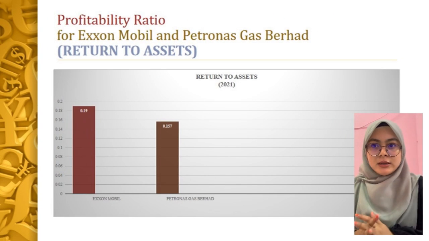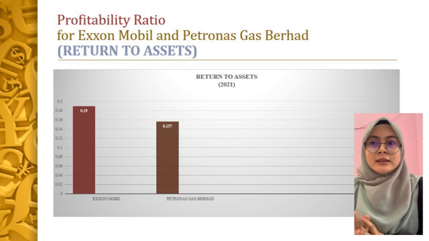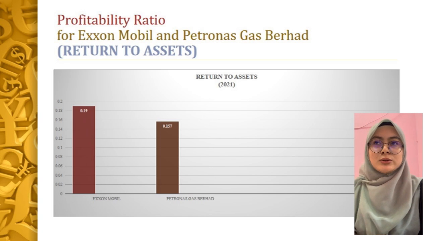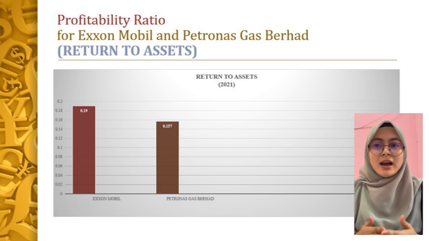Next is return on assets. Return on assets is an indicator of how profitable a company is relative to its total assets. It gives a manager, investor or analyst an idea of how efficiently a company's management is using its assets to generate earnings.